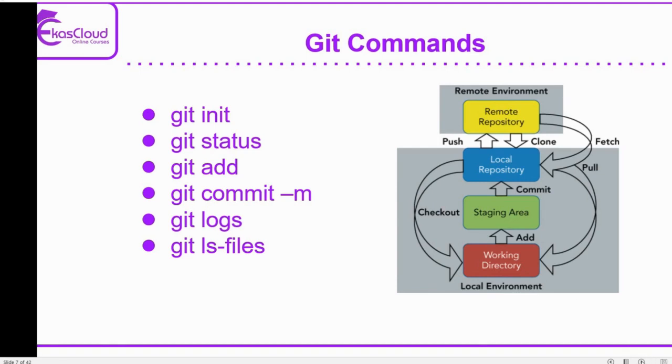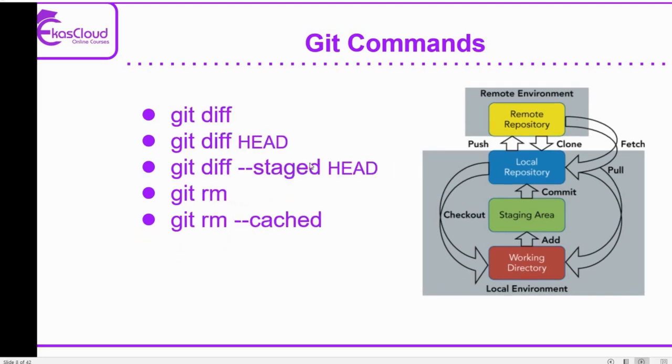Next, move to the next slide. Here you can see git diff. That means it can compare two areas. For example, the command git diff compares the files in the working directory and the staging area. It compares the files and gives the result of what changes there are between them.